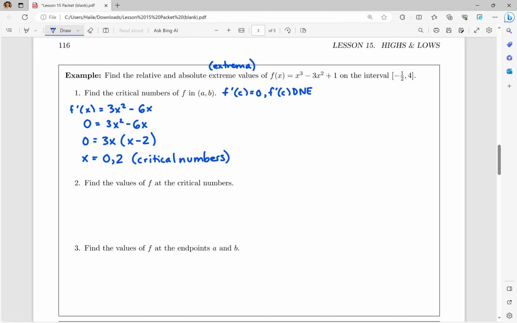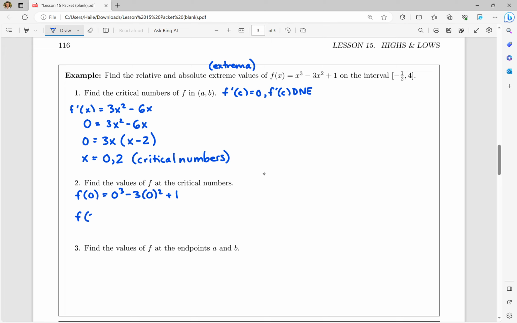Okay. Now we want to find the values of f at the critical numbers. So I'm going to take f of 0, which is 0 cubed minus 3 times 0 squared plus 1.